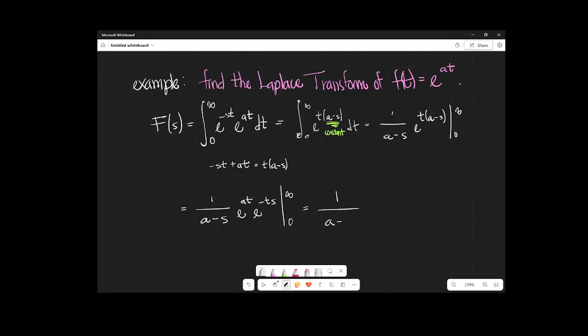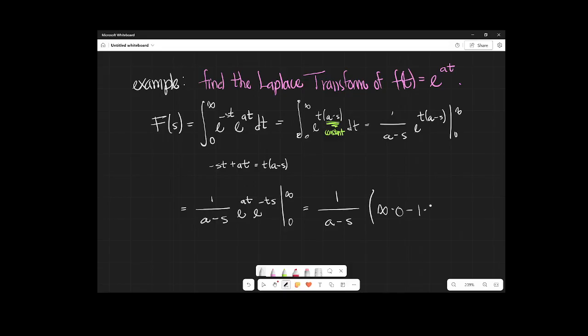All right, so here comes the fun part. e to the at as t goes to infinity, that's going to be infinity, but then we're multiplying it by e to the negative t s, which goes to 0, which makes this 0. All right, now we repeat the procedure for the 0. So e to the 0 is 1, e to the 0 is 1.